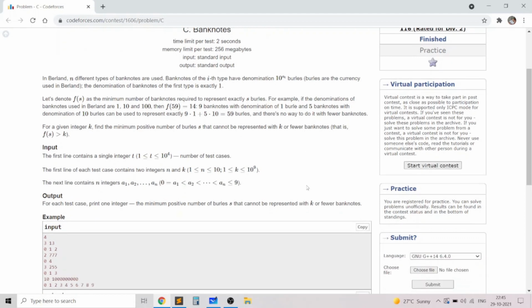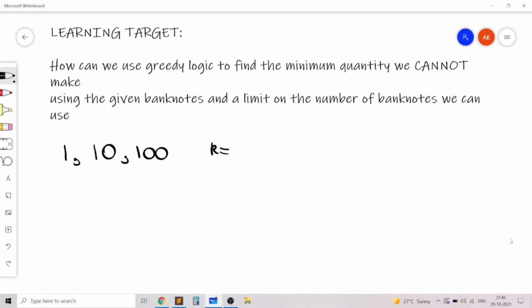So for example, let's say that n is 3, in which case we can use 10 to the power of 0, 10 to the power of 1 and 10 to the power of 2. And let's say k is 13. In this case, it will be optimal to use 1 nine times. We can't use 1 ten times because instead we would use a lesser number of banknotes if we use 10 once.